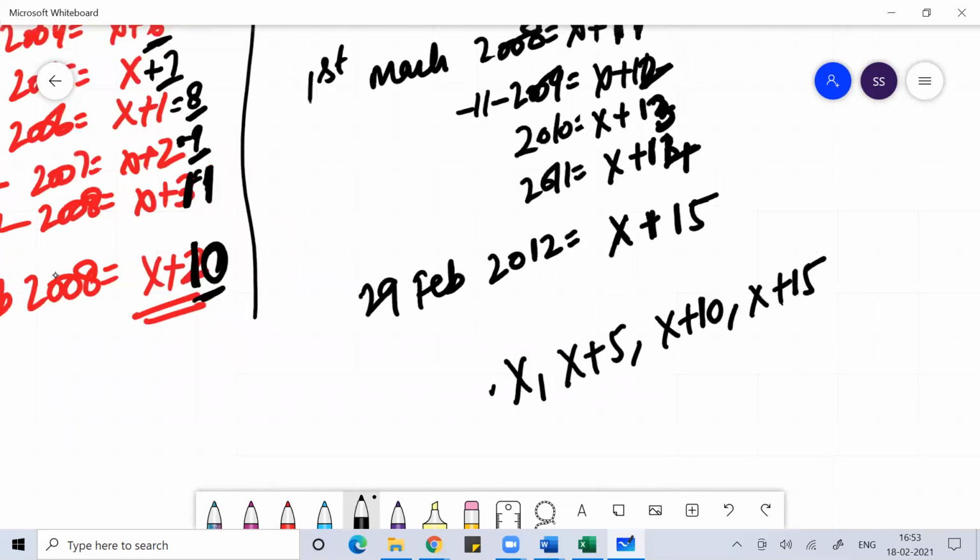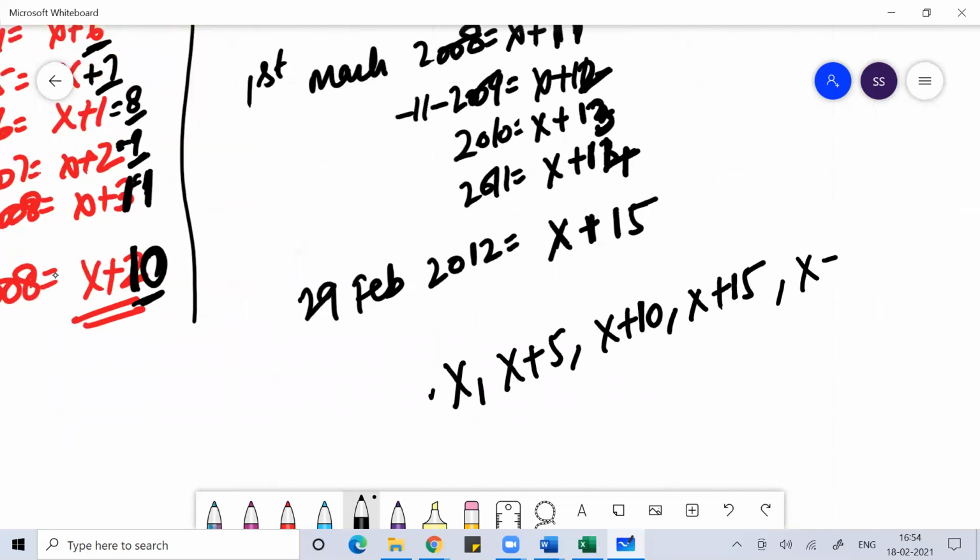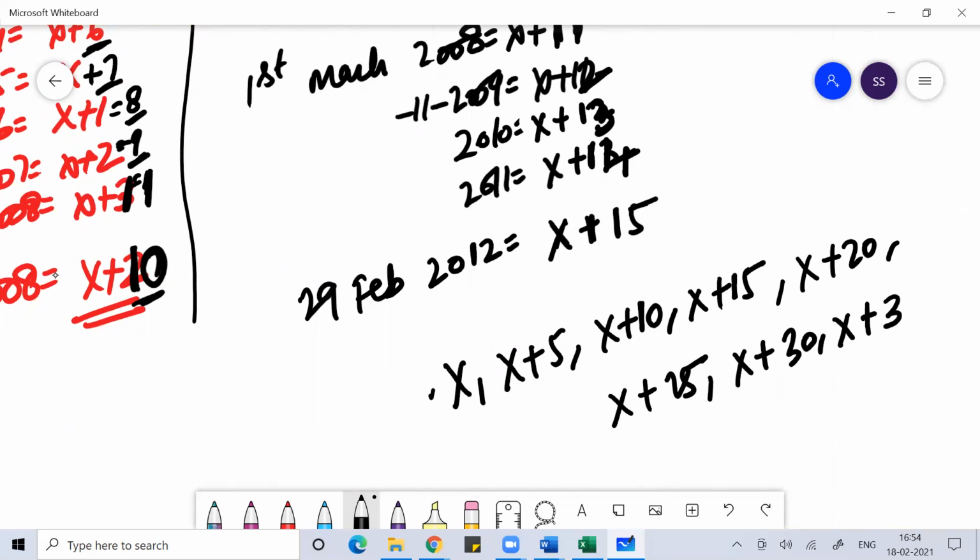You can check, it would be x plus 20, then x plus 25, x plus 30, x plus 35. You see which is the multiple of 7.